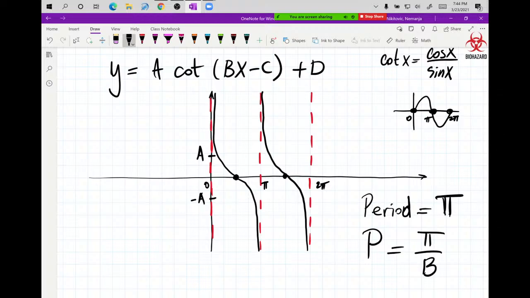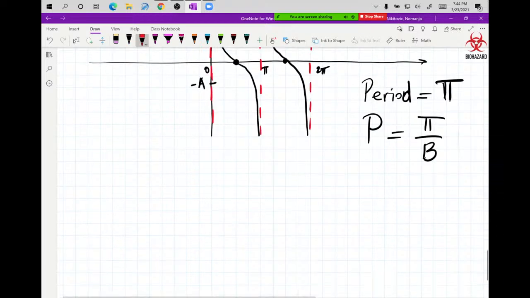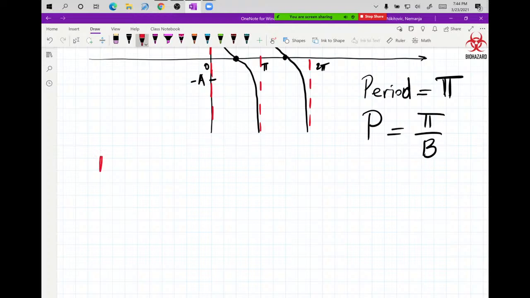Where is the problem? Let's write it in blood. The problem is the midpoint. You see, this is the only one out of 6 that has argument equal to pi over 2. All other 5 are equal to 0. This is the only one that has a pi over 2 there.